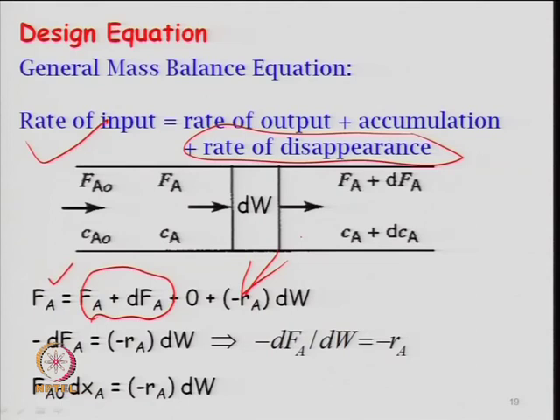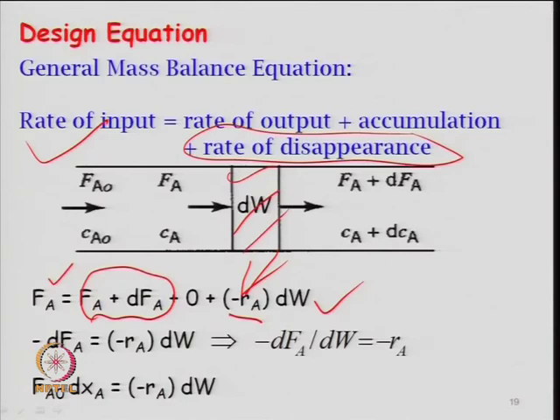In heterogeneous reactions, generally it is the moles reacted per unit time per gram of catalyst, or the mass reacted per unit time per gram of catalyst. Either of the units or definitions can be used. Here minus r_A is per unit mass, so it is multiplied by the mass of catalyst. This is the total moles which disappeared in this zone.